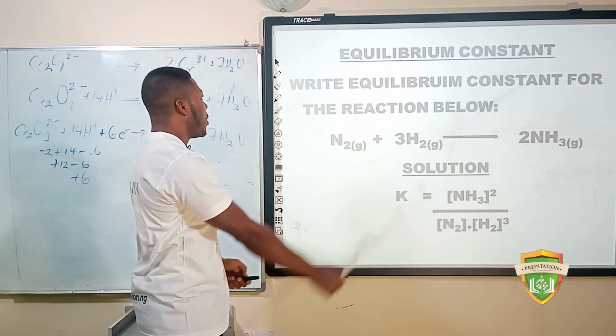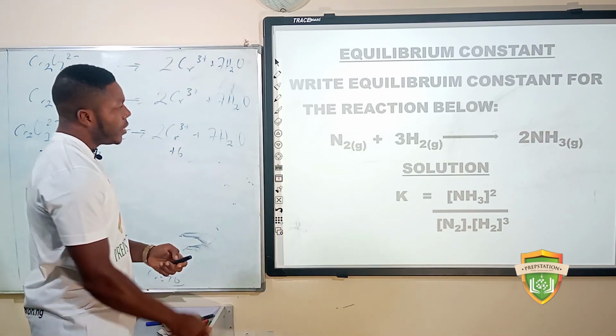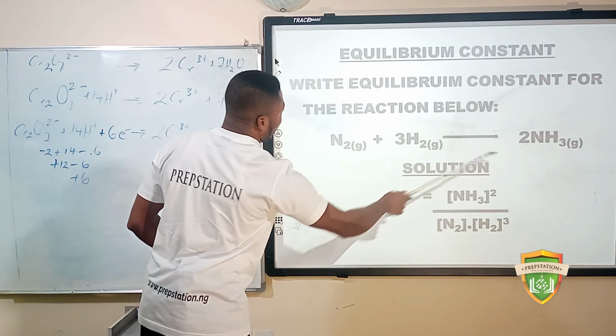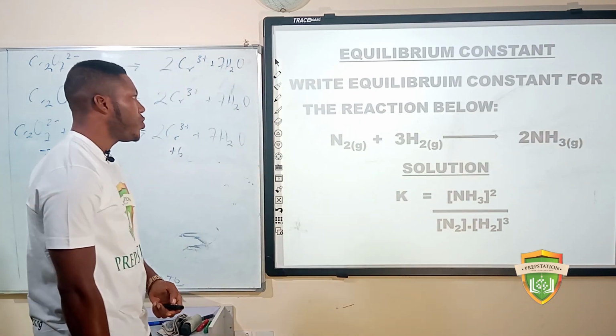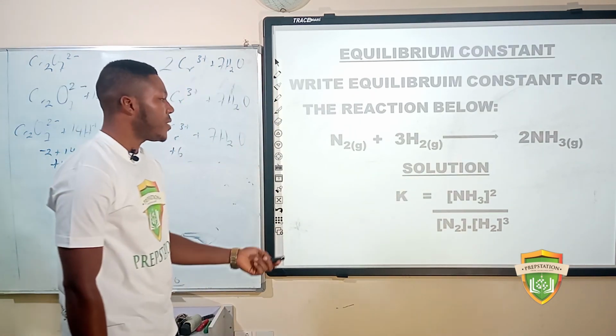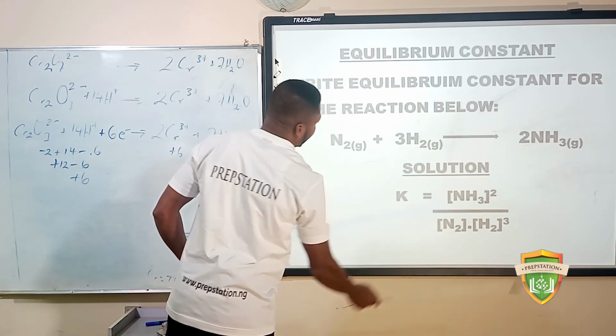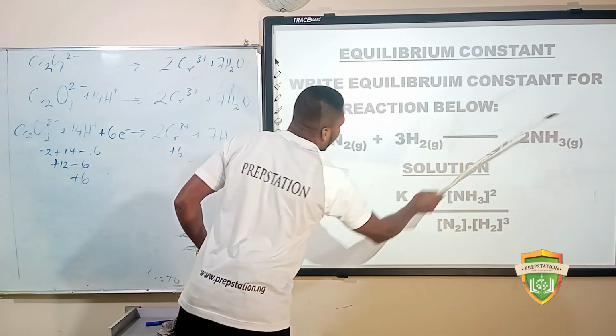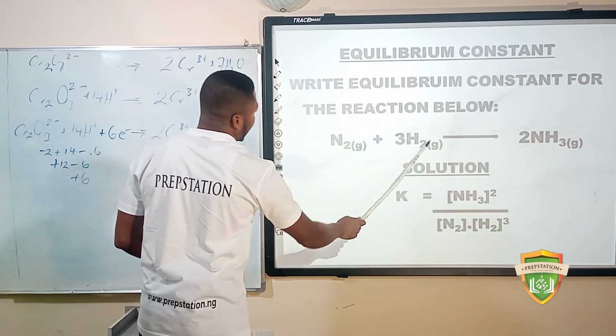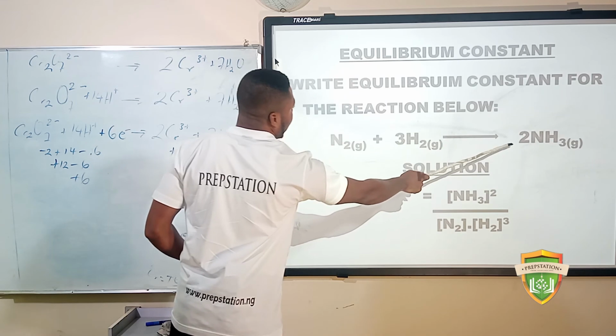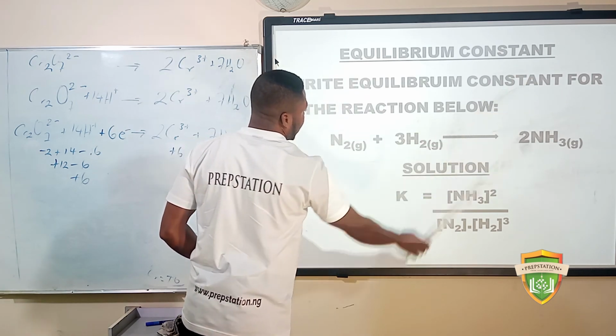Okay, equilibrium constants. This is an example of a reaction. In case you are asked to write the equilibrium constant for this, it is always the products over the reactants. You use their volume or their moles as a superscript.